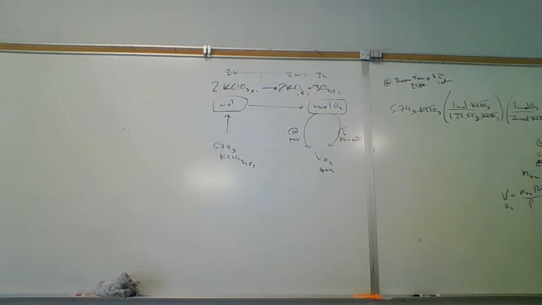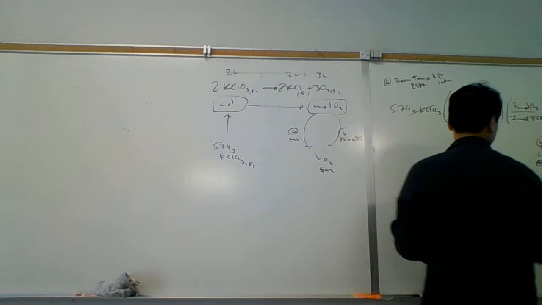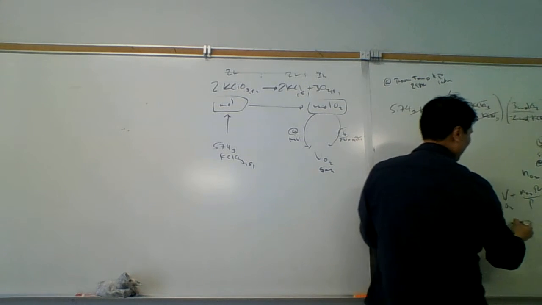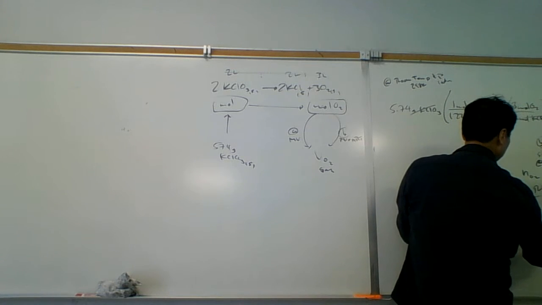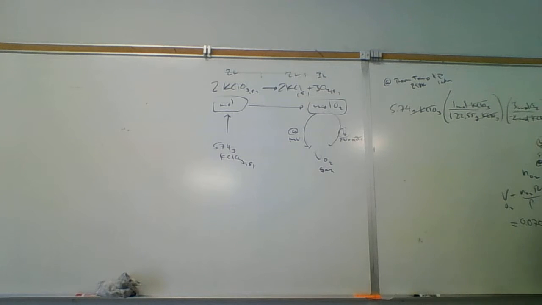If I do it with B, I go 5.74 divided by 122.55 times 3 divided by 2. So the moles, if I stop here, then I'm going to get the moles, this is going to be 0.07025 moles. And then R is 0.08206 liters atmosphere per mole Kelvin.